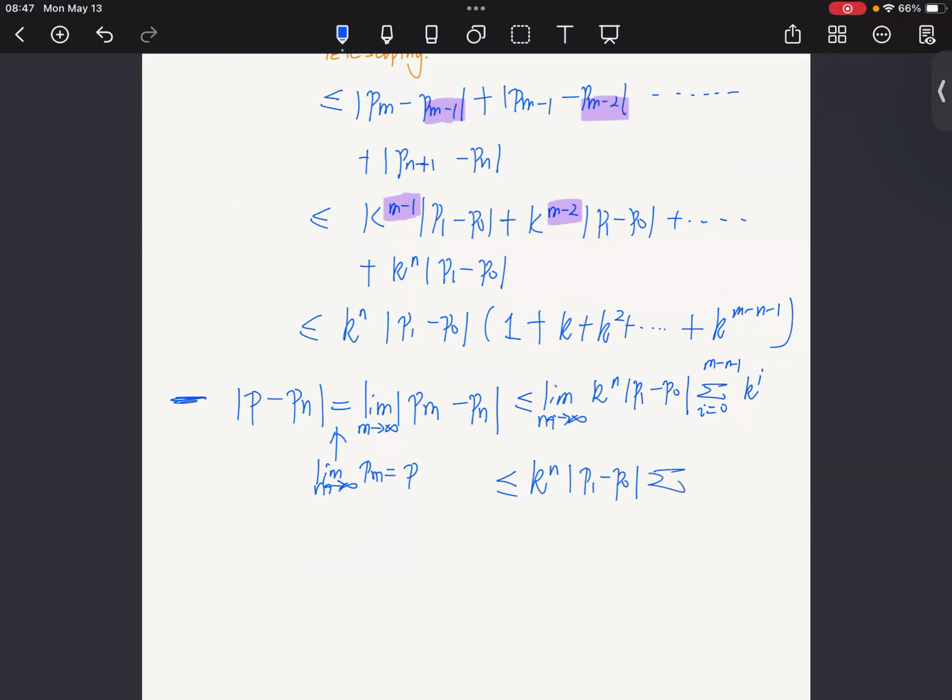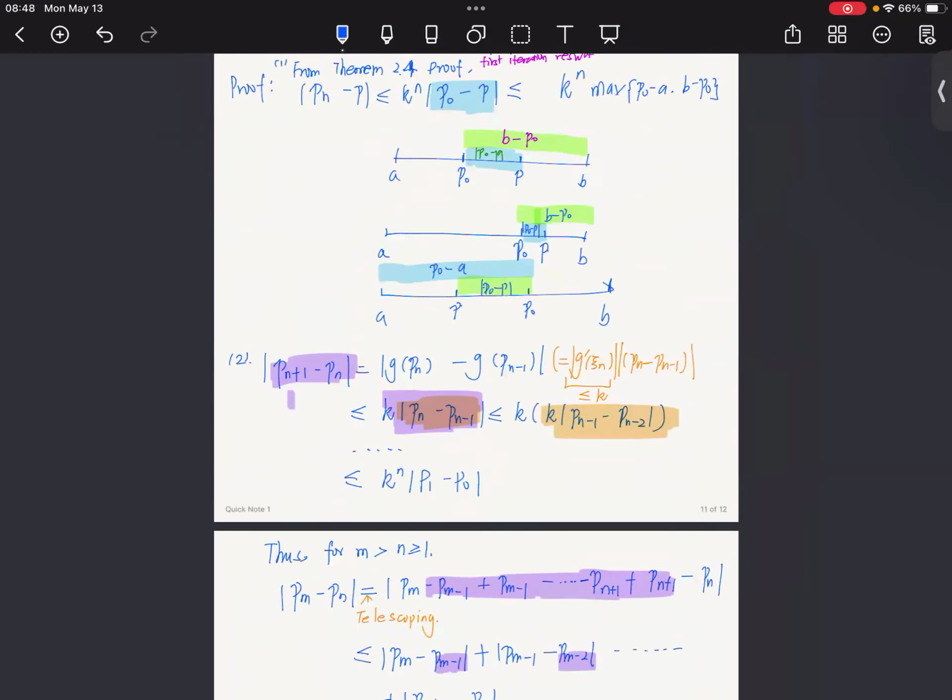And for this one, it is smaller than or equal to the sum to infinity over the index. So this is the thing. And there's one more thing here. You will see we are almost there.